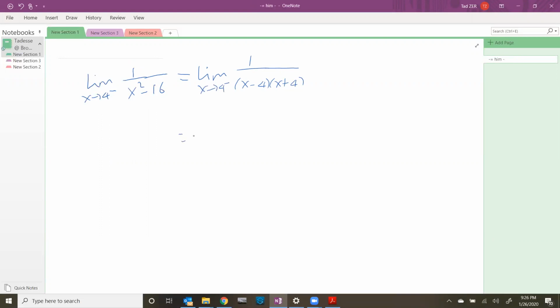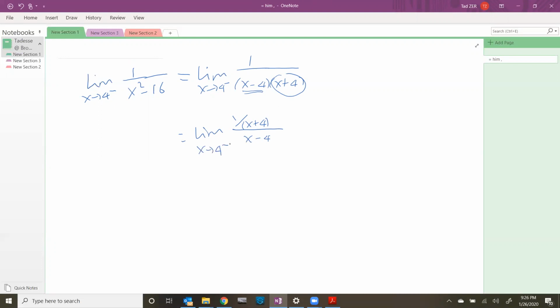So one thing I can do is, because you are approaching 4 from the left, the only issue will be this expression x minus 4. So I can bring this guy up here in the numerator.